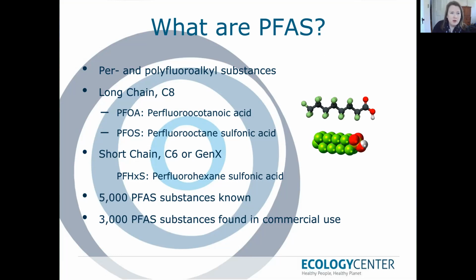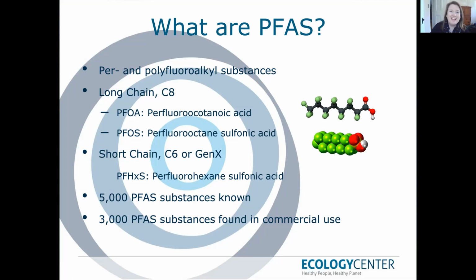Those chemicals have largely been removed from use voluntarily by business in the United States. So it's still something that can enter through the international marketplace. They're not illegal to use, but industry has largely moved away from those too.